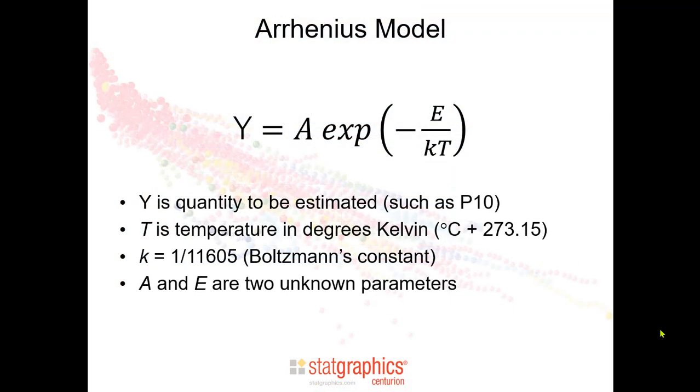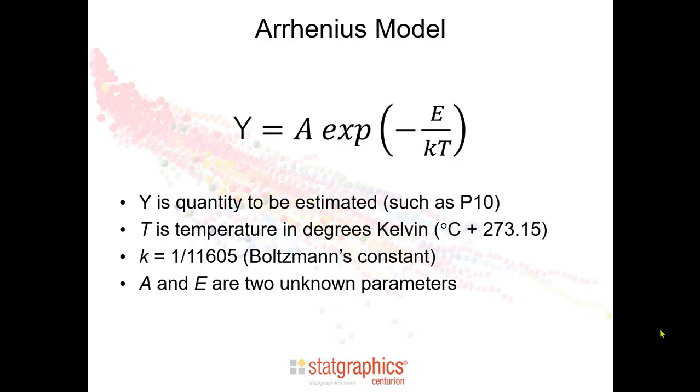It's now time to fit a model to my percentiles. The model I'm going to use is the Arrhenius model. The Arrhenius model takes the form y equals A times e to the minus capital E divided by kT.